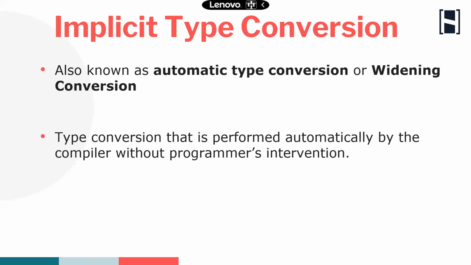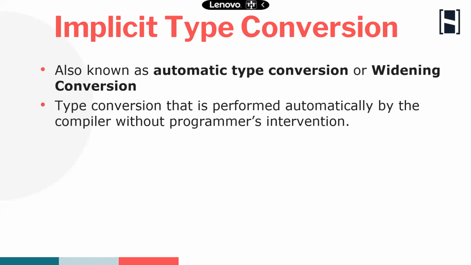So what is going to happen here? This sort of type conversion is going to be performed by my compiler. As a programmer, you don't have to do anything. Your work in implicit type conversion is zero. The entire process is going to be taken care of by the compiler itself.